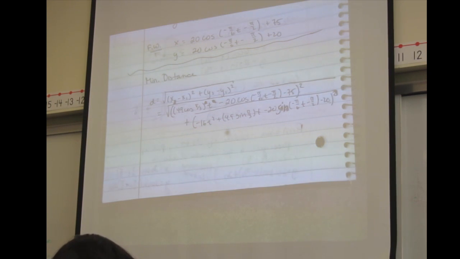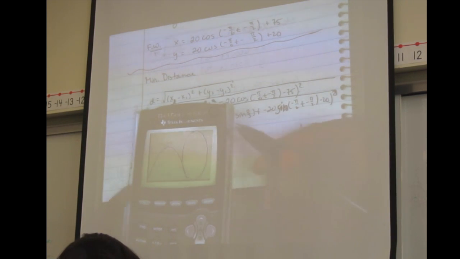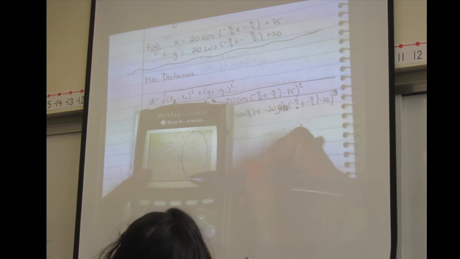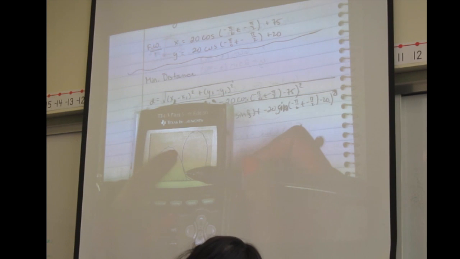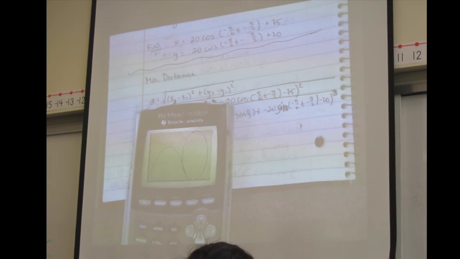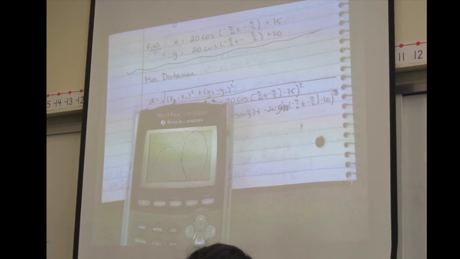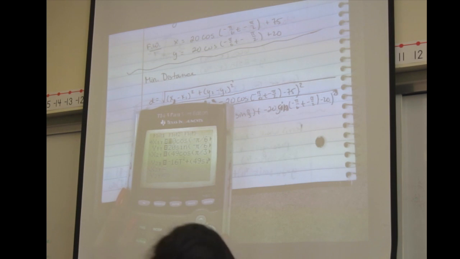It doesn't matter, so it's not just the minimum distance at a given time, it's the minimum distance between the path of the ball and the path of the Ferris wheel. So basically where they intersect. Well, when the minimum distance is zero is when they intersect. Okay, so here's the way to do it on your calculator without pulling your hair out about the derivative.